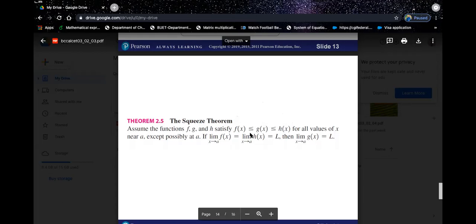The function we are looking for has to lie between two other functions. This is the first condition we need to check. Second, we need to find the limit of these two functions separately. And if they match with each other, then the limit of our desired function is also the same.